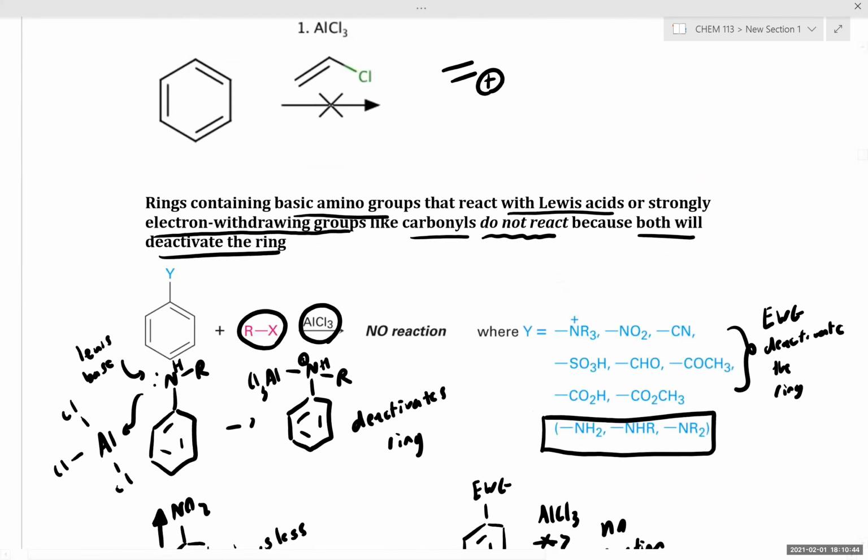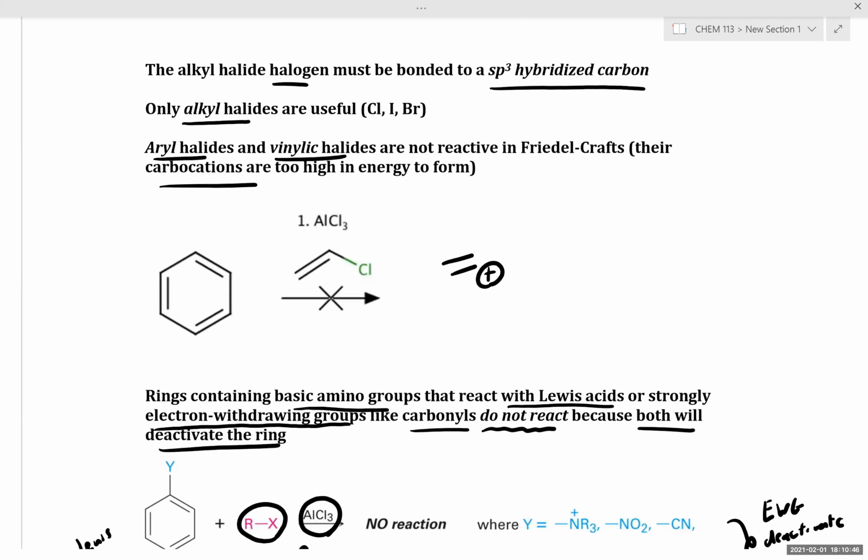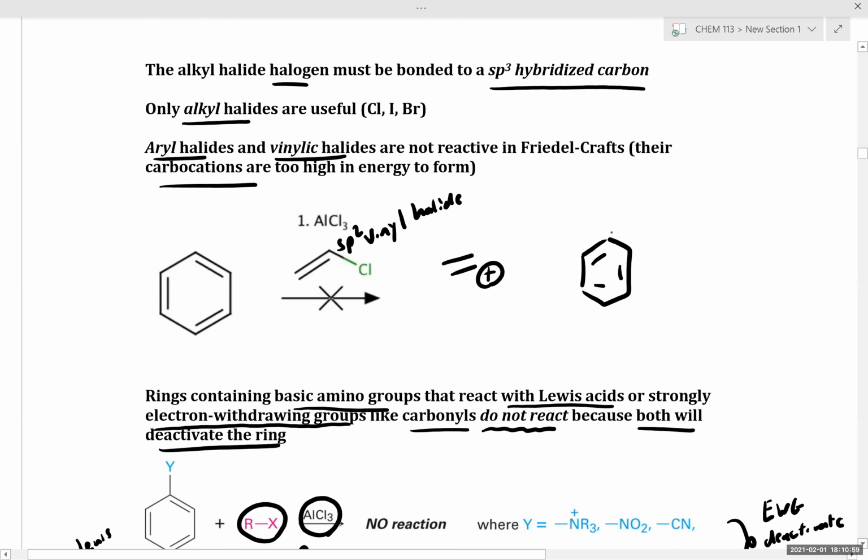To answer the question in the chat regarding the first limitation, this would be an example of a vinyl halide where our halogen is directly attached to the sp2 carbon in our double bond. Well, this would be an example of an aryl halide where our halogen is directly attached to our aromatic ring sp2 carbon.